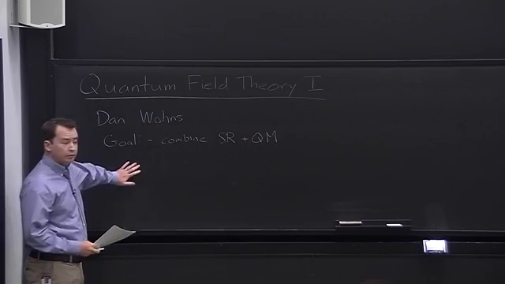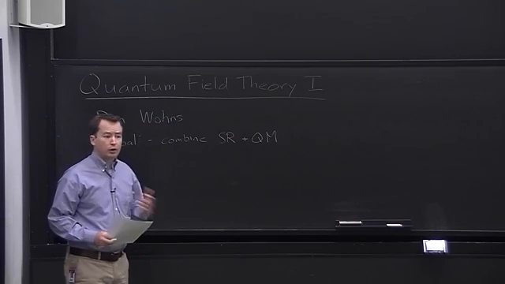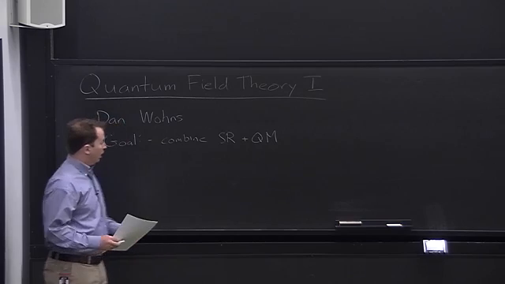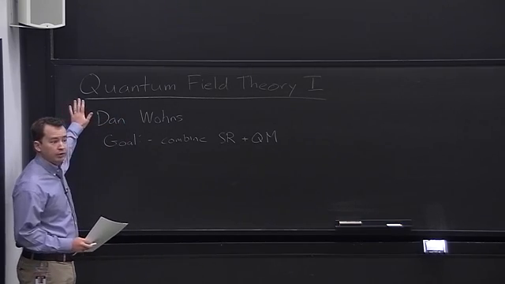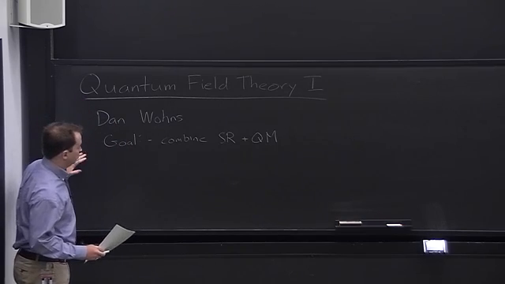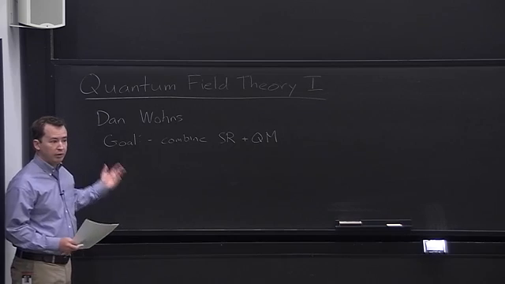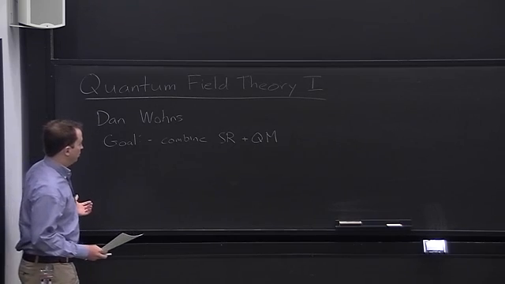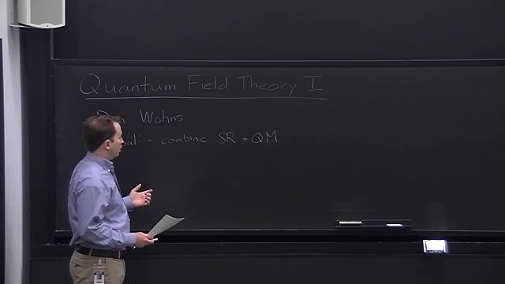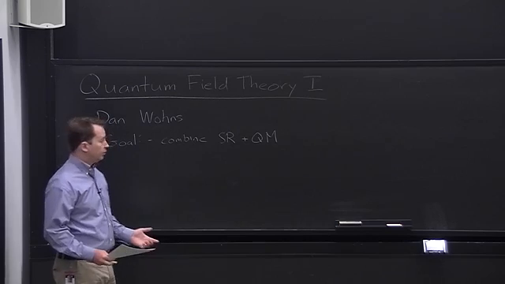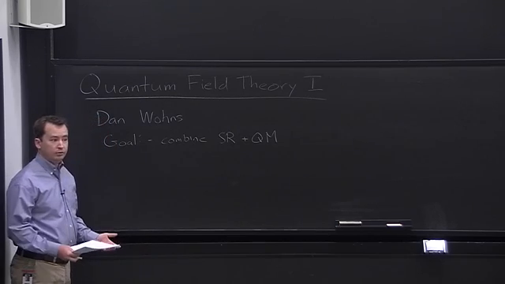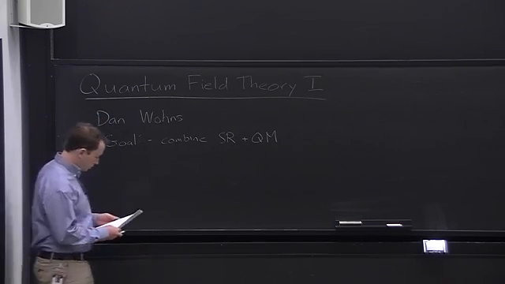And we're going to do that by starting with a classical field theory and canonically quantizing it. That's not the only way we can arrive at quantum field theory. In quantum field theory 2, we'll take a different approach. This method we're going to use is the simplest and has some nice advantages. So we'll see different formalisms throughout the year that are better suited for different calculations.